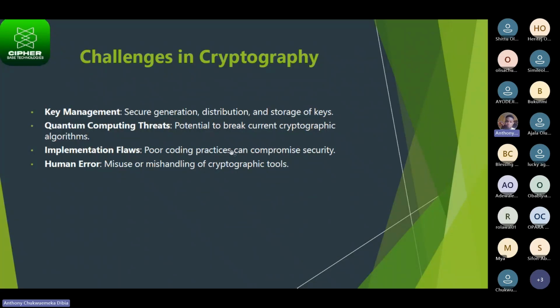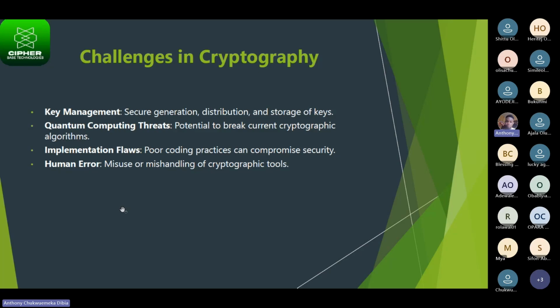All right. So, implementation flaws. Poor coding practices can compromise security. Most times there are some organizations or set of people that don't want to make use of the ready-made encryption algorithm. So they want to build their own from scratch, and trying to build their own could involve poor coding, which could compromise security.